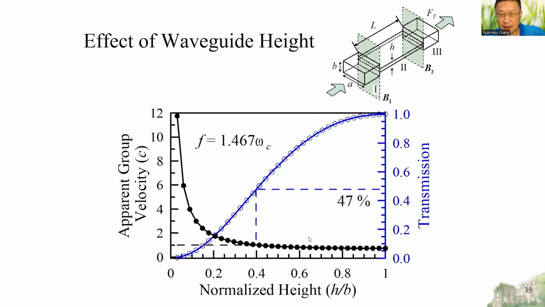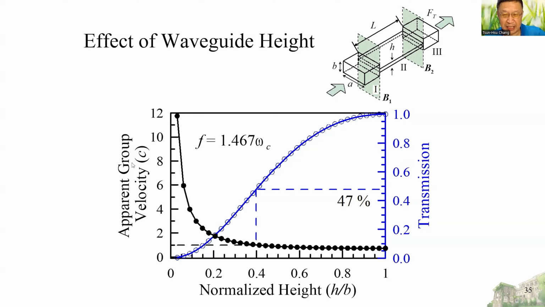Here is the effect of waveguide height. This is the normalized waveguide height; the minimum value is 0 and the maximum value is 1. And this is the group delay. Since the group velocity is faster than the speed of light, we give it another name, apparent group delay, which looks like the group delay.